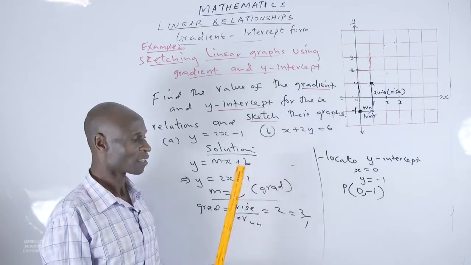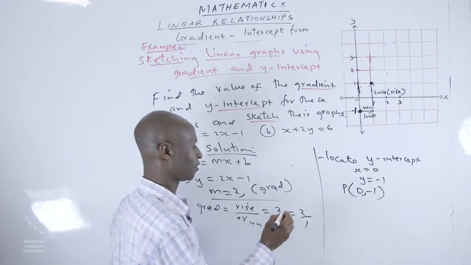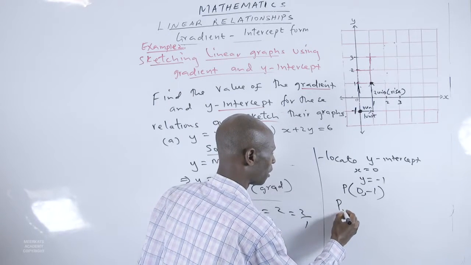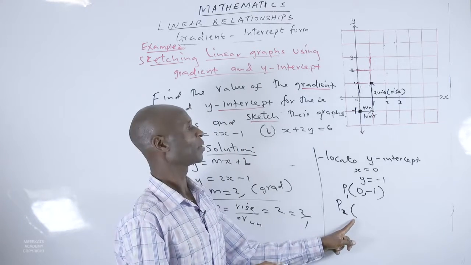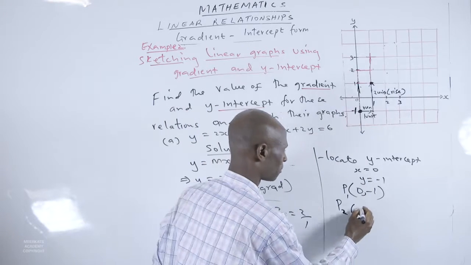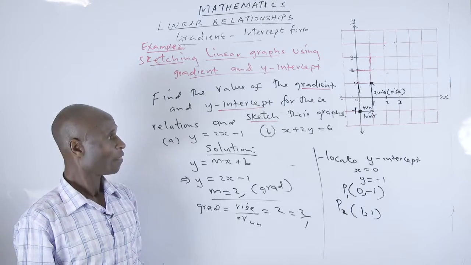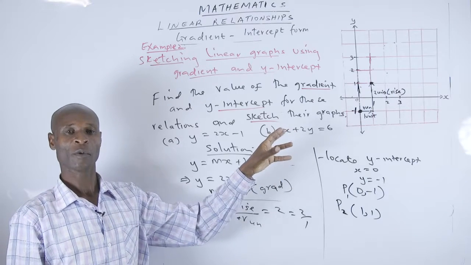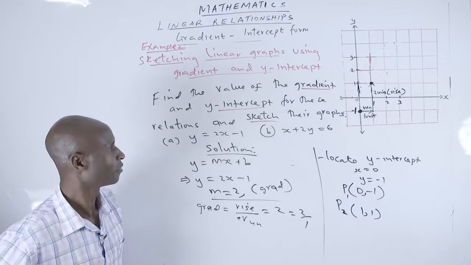So that means our second point, I'll call it P2, will be represented by 1, 1. Then having the 2 points, we can join them to obtain the straight line graph.